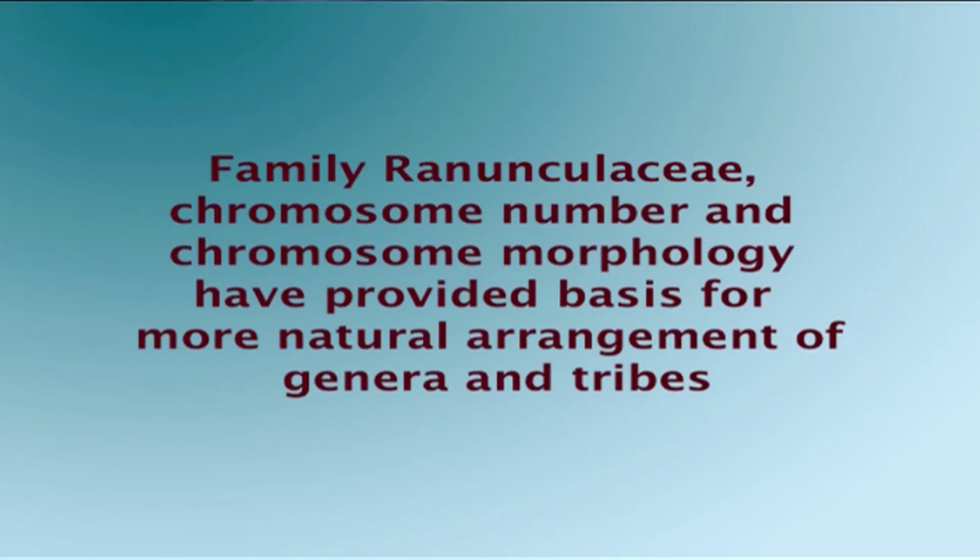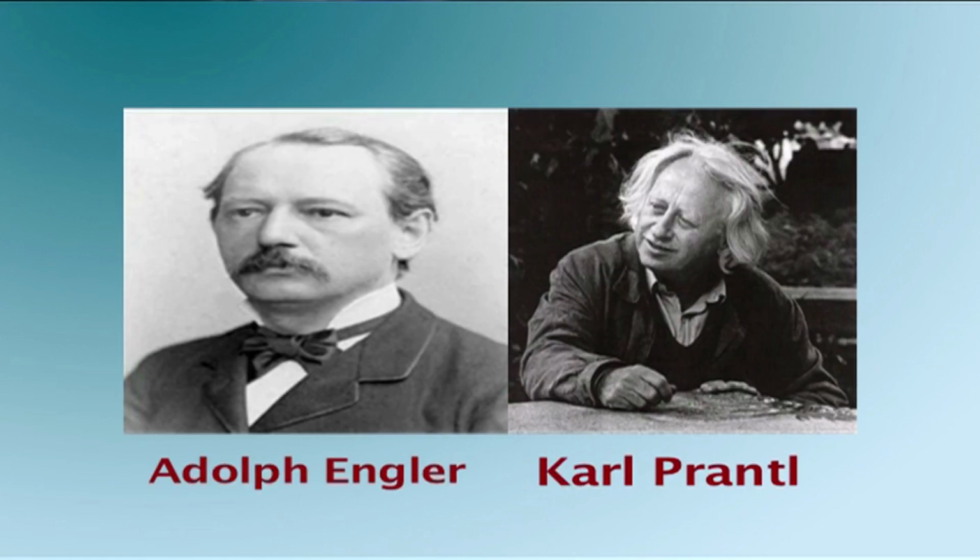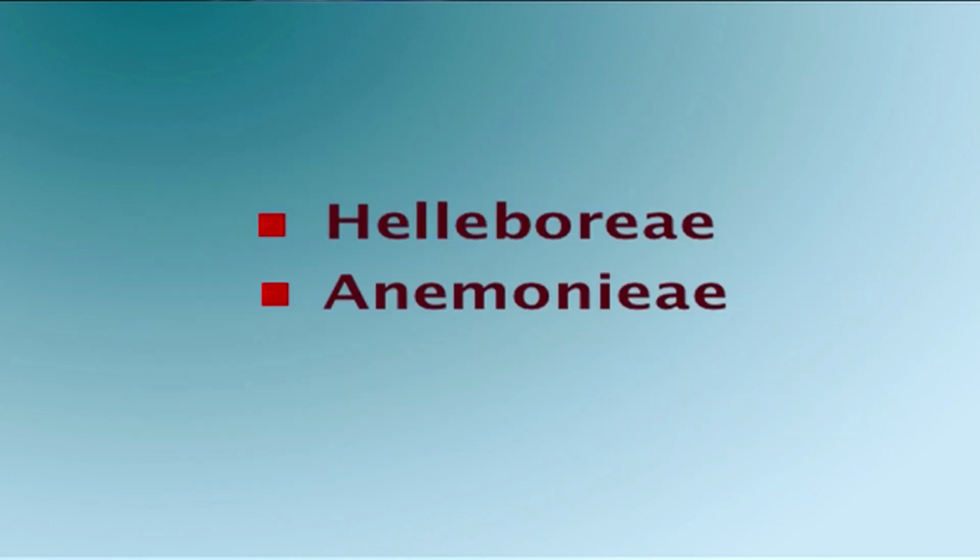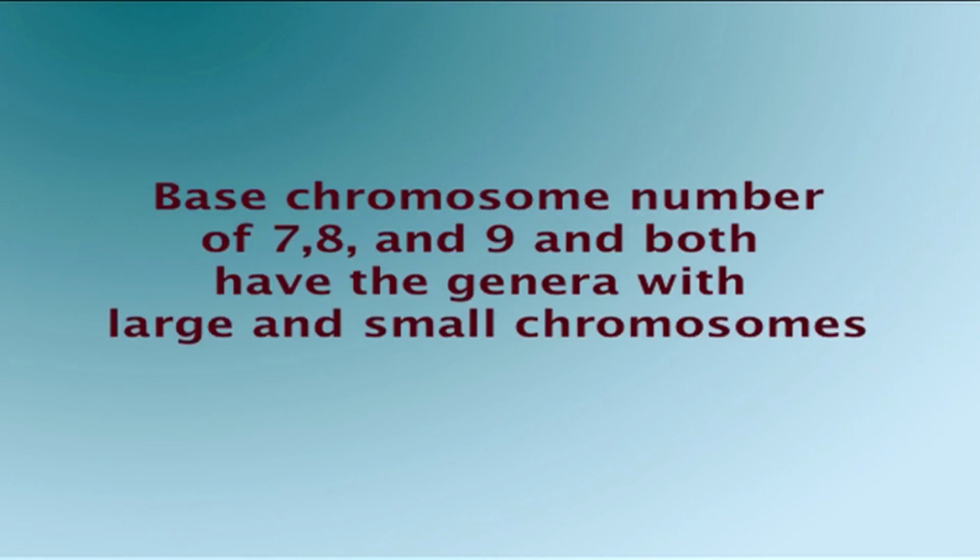In the family Ranunculaceae, chromosome number and chromosome morphology have provided a basis for a more natural arrangement of genera and tribes. Engler and Prantl have recognized two major tribes, Helleboreae and Anemoneae, in the family Ranunculaceae with base chromosome numbers of 7, 8 and 9, and both have genera with large and small chromosomes.